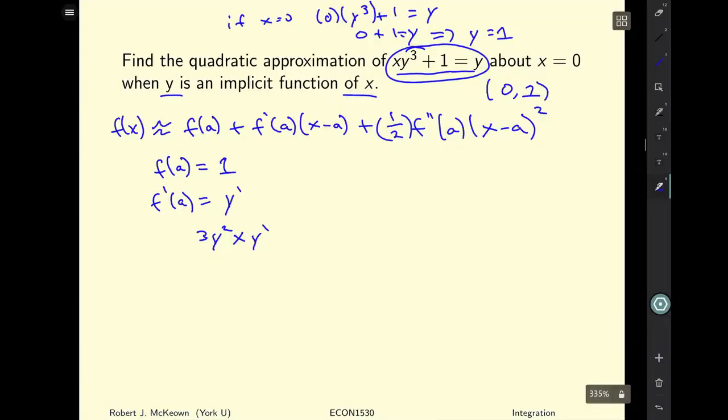Derivative of 1 is 0. It's a constant. But of course we've got the product rule, so we're going to have y cubed there. And this thing is going to be equal to y prime. Now let's solve for y prime. And we get something like that.